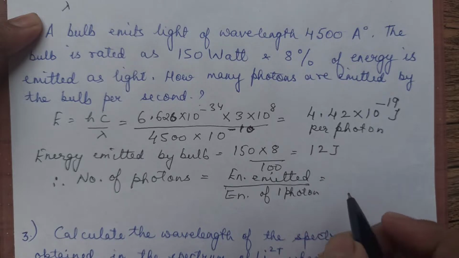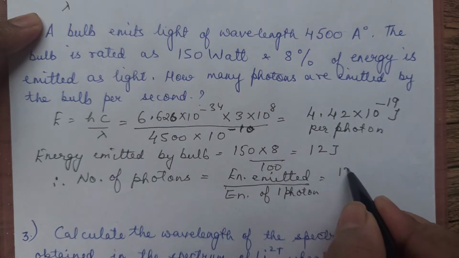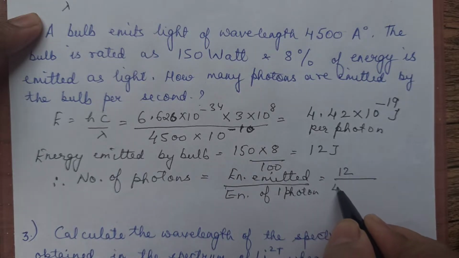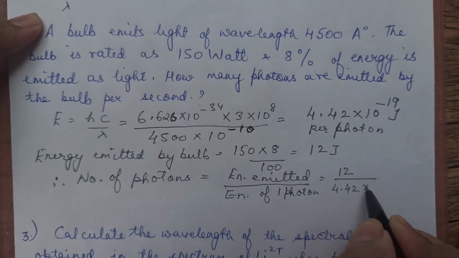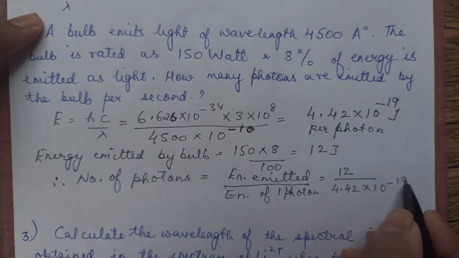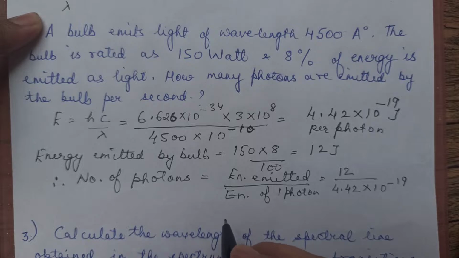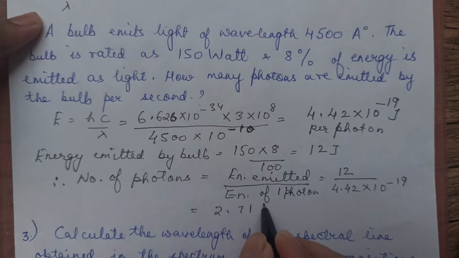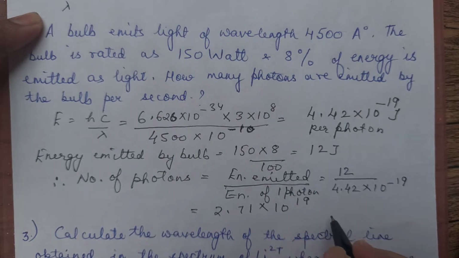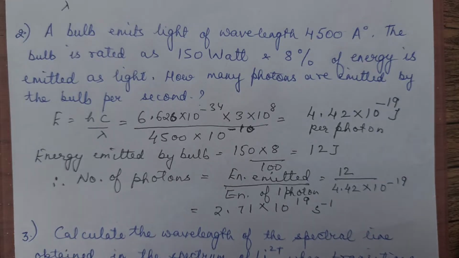The total energy divided by the energy of one photon will give you the number of photons. So it will be 12 divided by 4.42 into 10 to the power minus 19. If I solve this, children, I am getting 2.71 into 10 to the power 19 per second. Number of photons per second. Clear? You can just go on taking screenshots in between so that you have the solution of it.